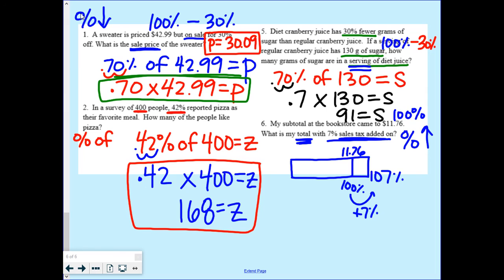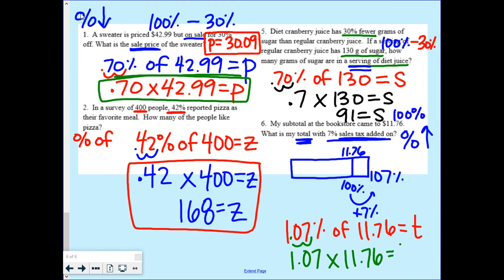So what this tells me in this problem situation is that I'm trying to actually find 107% of 11.76, and that's going to give me my total. Divide by 100 to convert to a decimal. This means I'm going to do 1 and 7/100 times 11.76 to get the total. And I find that the total is going to be $12.58.